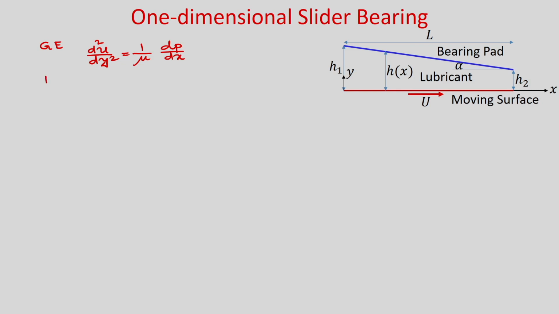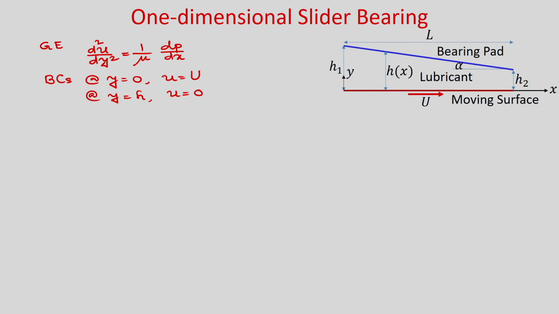So, we have the boundary conditions: at y is equal to 0, u is equal to this moving surface velocity U, and at y is equal to h, which is a function of x, u is equal to 0. This bearing pad is obviously stationary, so it is 0.